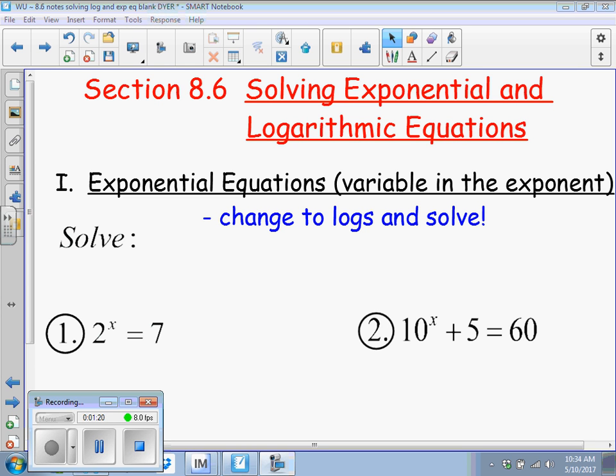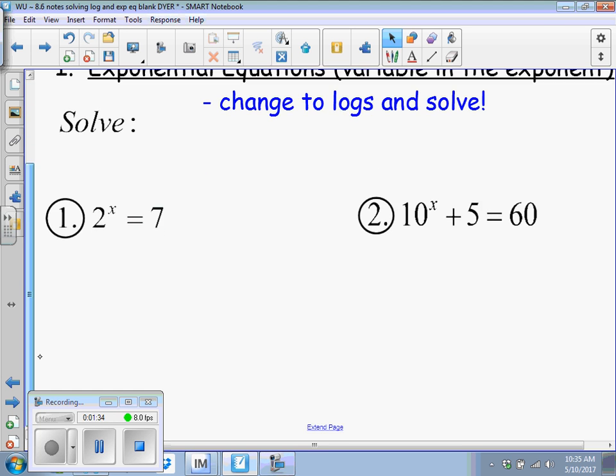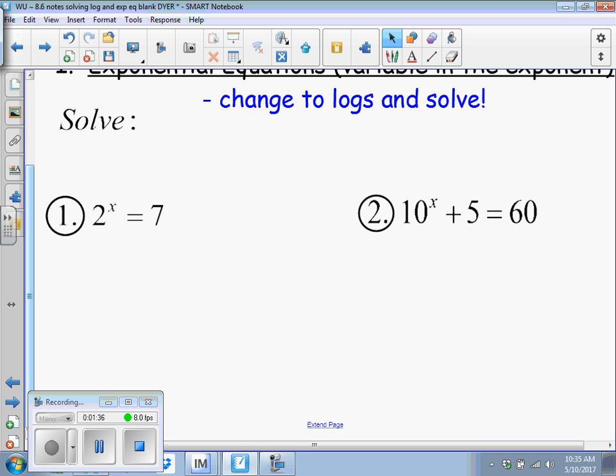Now, I can have other stuff in the exponent. It can be 2 to the x plus whatever, but it just has to be that base to that exponent equals whatever. Okay? And so, for number 1, the only thing we can do is change both sides to logs.